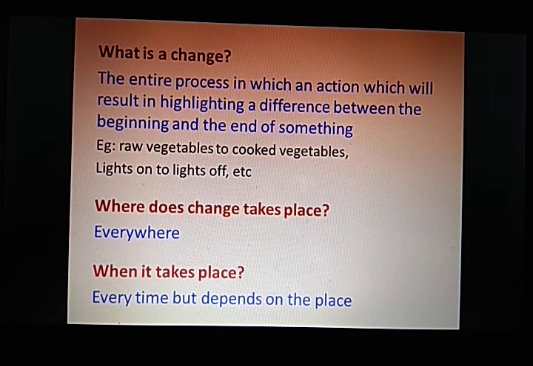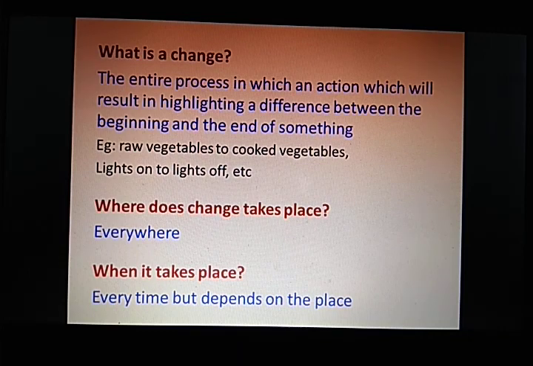For example, suppose raw vegetables. We have taken raw vegetables and we cooked them, or let's consider boiling. Boiled vegetables. Before, the vegetable was raw, with a green color or red color or any other color it had. It can be green, red, purple or yellow. So before the cooking or boiling is done, it was raw vegetables. And after the cooking or boiling is done, we notice there is a difference. What is the difference?